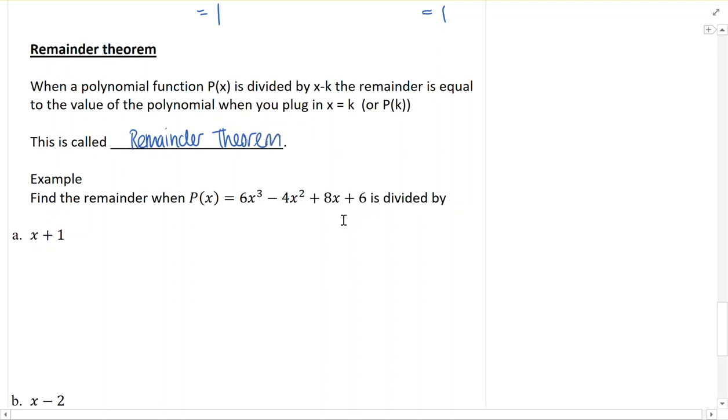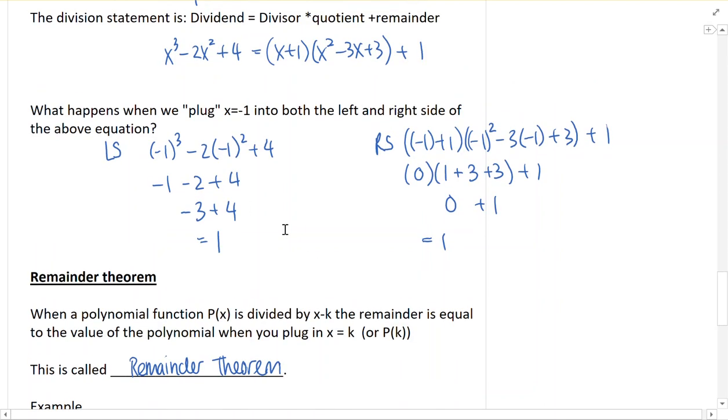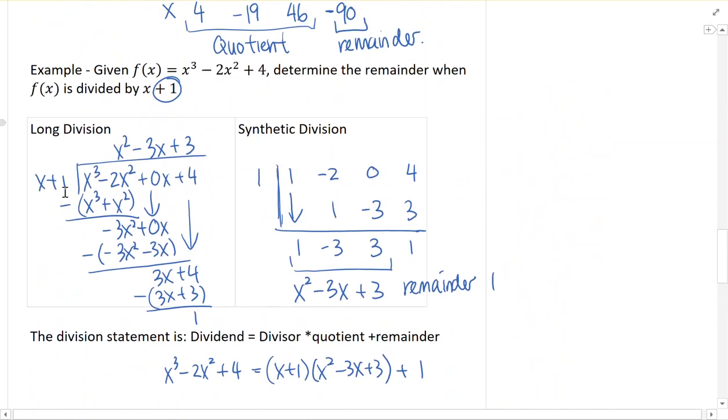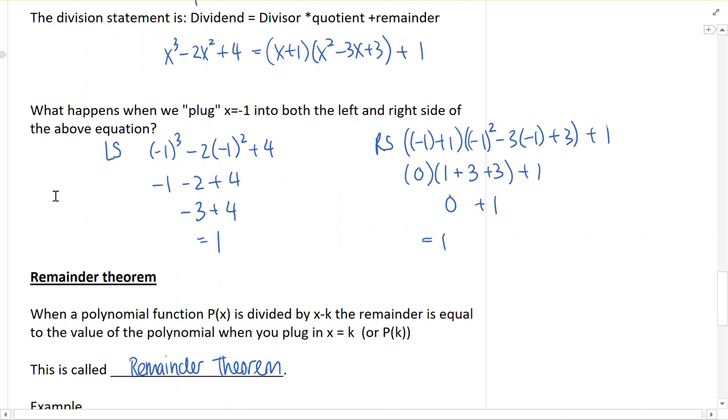Looking back at the last question we just looked at, the polynomial function is divided by x minus k. In our case, that divisor was x plus 1. But if you look at this as x minus k, then that k value is actually negative 1.